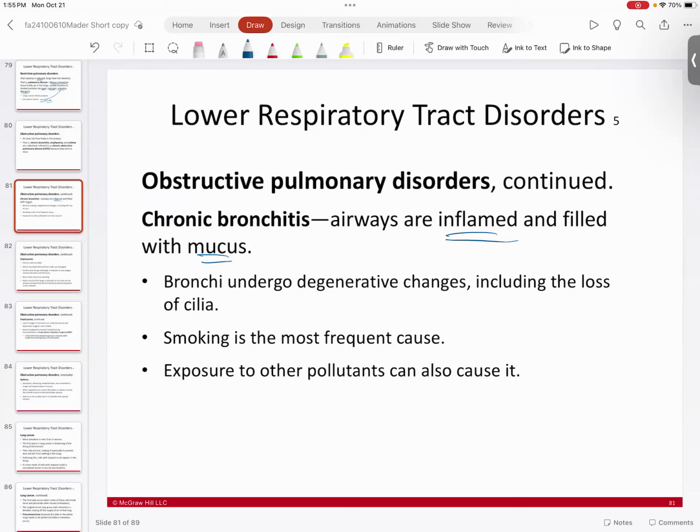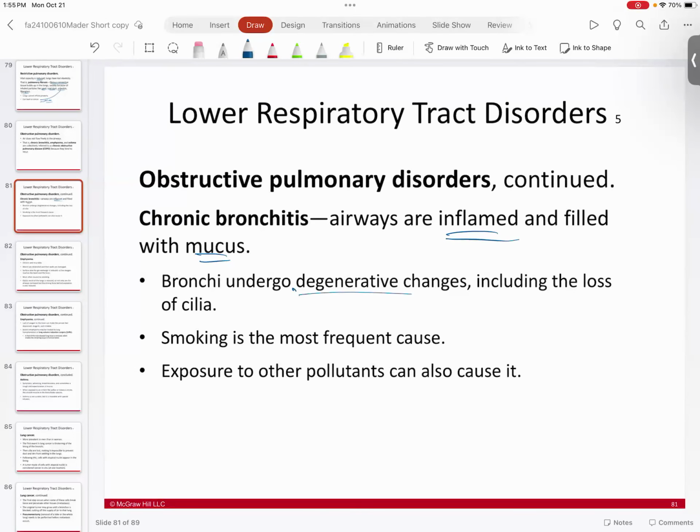Over time, with this chronic condition, it could create degenerative effects where some of the tissue begins to degenerate, for instance, loss of cilia in your respiratory tract. When you take a look at chronic bronchitis, it's not common for most healthy individuals. However, usually when you see it, you're looking at a smoker, right? The reason is because you're assaulting your respiratory epithelium with a constant barrage of smoke.